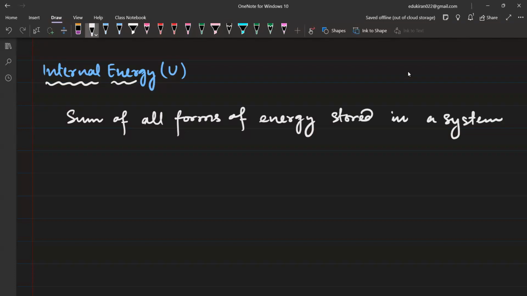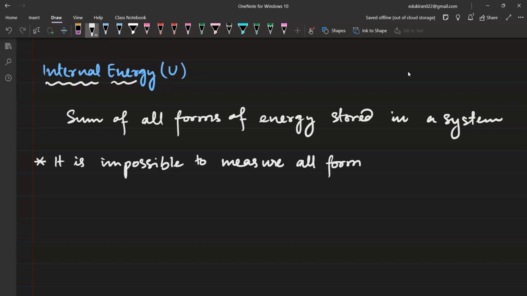Now, since it is the sum of all forms of energy, it is very difficult, or rather, impossible to measure the internal energy of a system. Because how can you measure all forms of energy? Please write, it is impossible to measure all forms of energy.